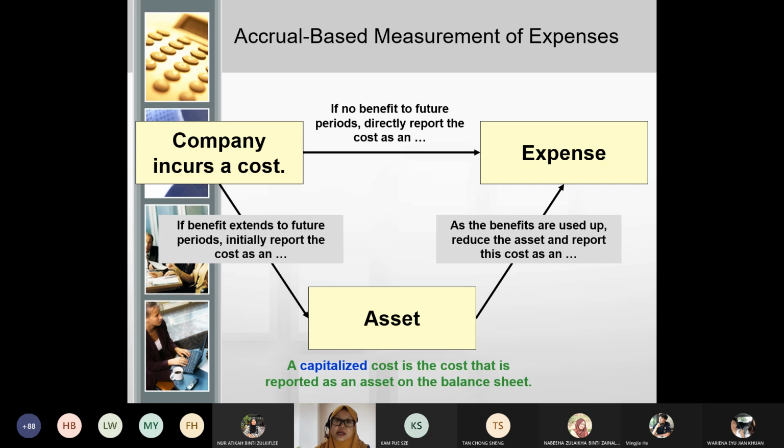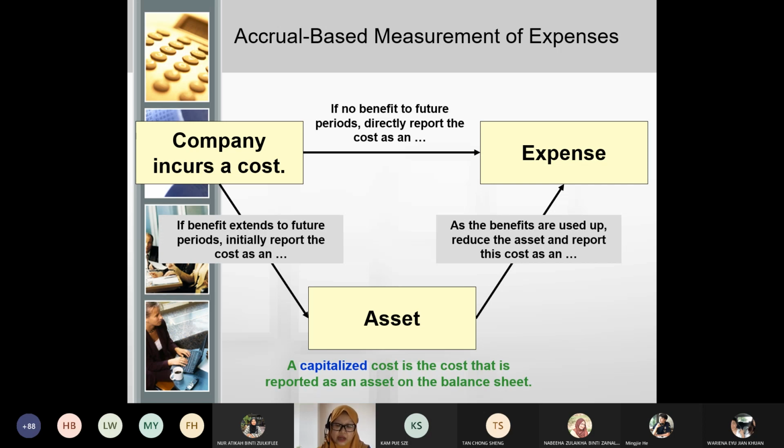All right, so here we use the accrual basis to measure the expenses, because we have to match the expenses with the revenue that the expenses generate. So as usual, the company has to encounter a variety of costs when they run the business.